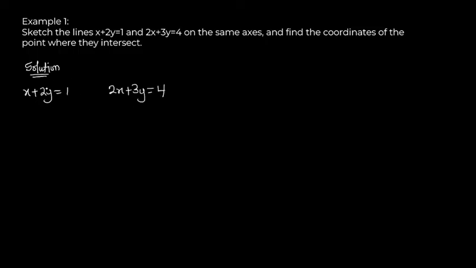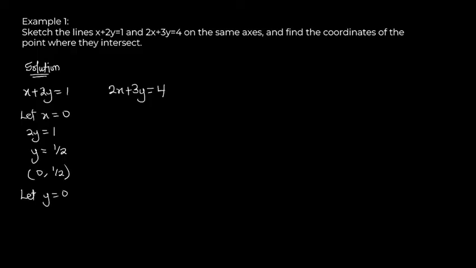The first thing we do is let x be equal to 0. Now if x is equal to 0, it means we have 2y is equal to 1, and therefore y is equal to half. So we have the point (0, half) as one of the points for this equation. Next, we let y be equal to 0.